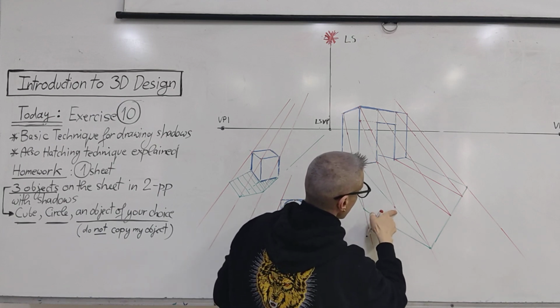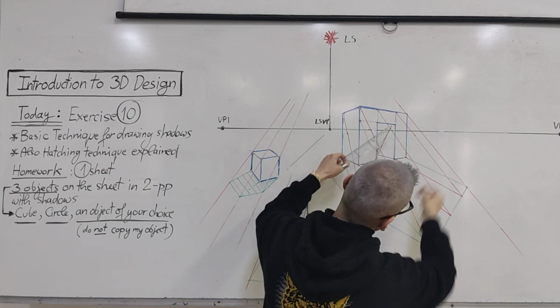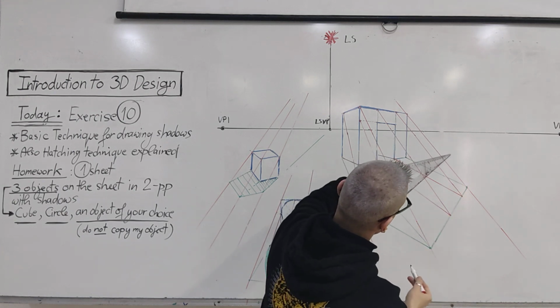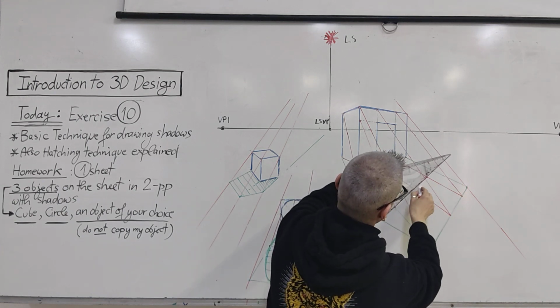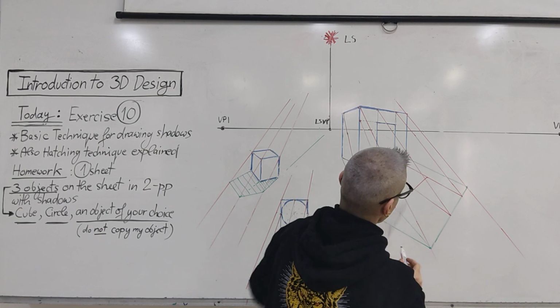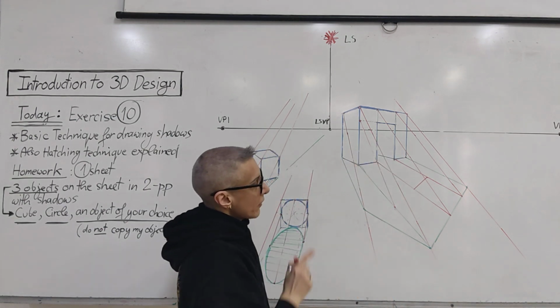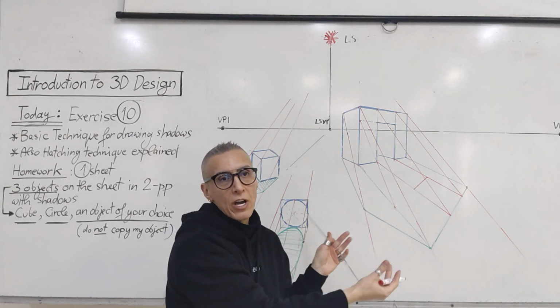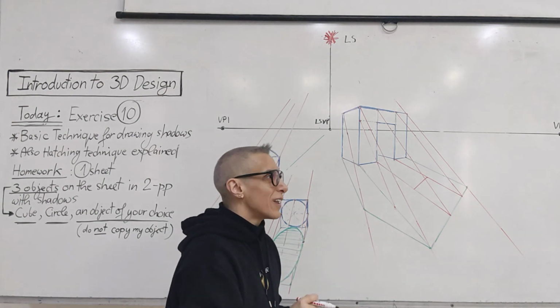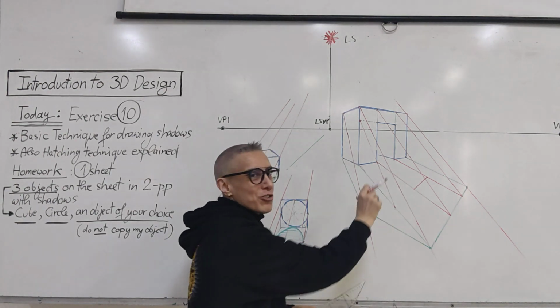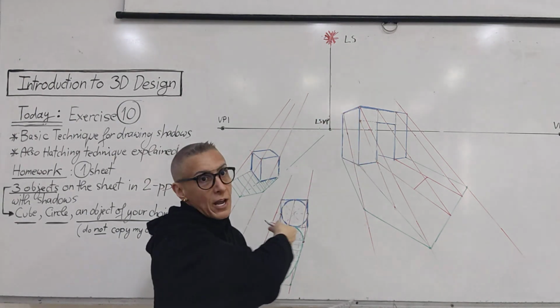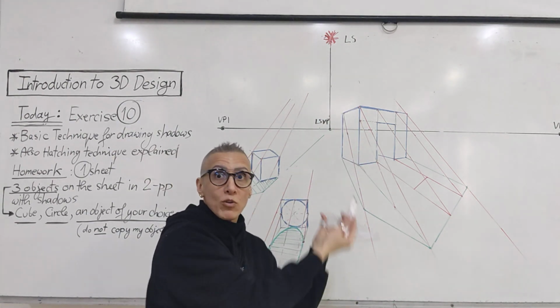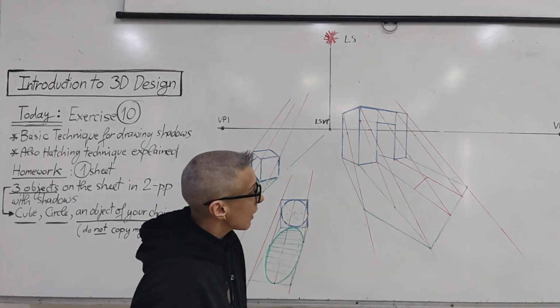Here, okay. Now we can take it that way. Now, this is not the most accurate way, but it's enough to draw a shadow. Nobody will measure your shadow, because this is also a freehand drawing. But the shadow needs to be logical for the object. So this is one way to do it.